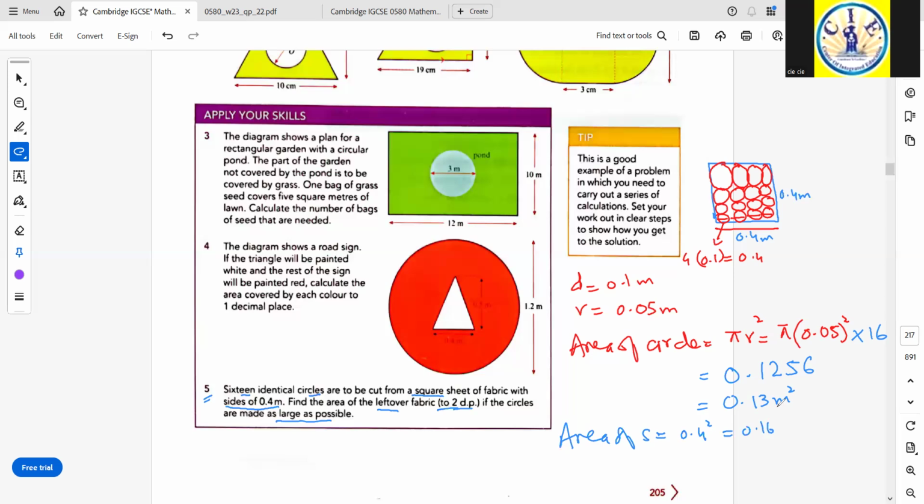And since we need to have the area that has been left over, so this will be the leftover area: 0.16 minus this one 0.13, which is 0.03 meter squares. So that completes question number 5.